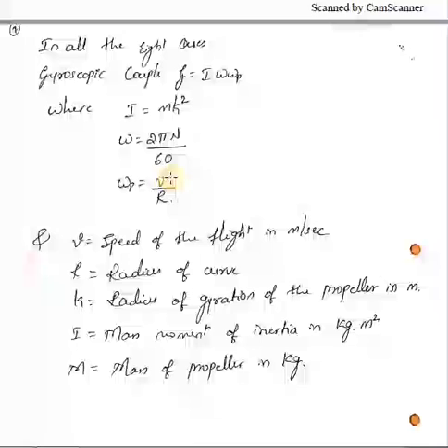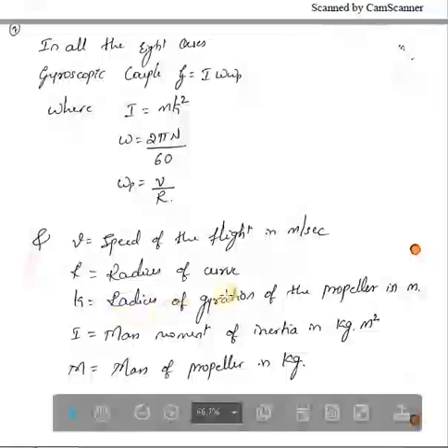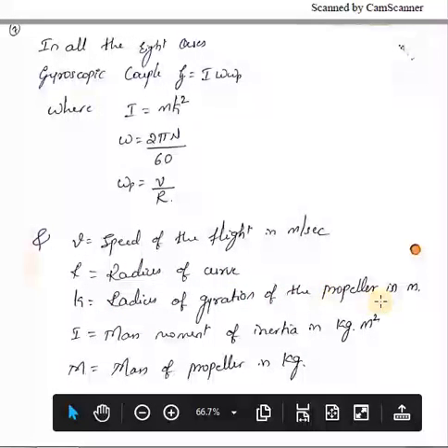Omega p is given by v by r, where v is the speed of the flight in meter per second, r is the radius of the curve, k is the radius of gyration of the propeller in meter, I is the mass moment of inertia in kg meter square, and m is the mass of the propeller in kg.